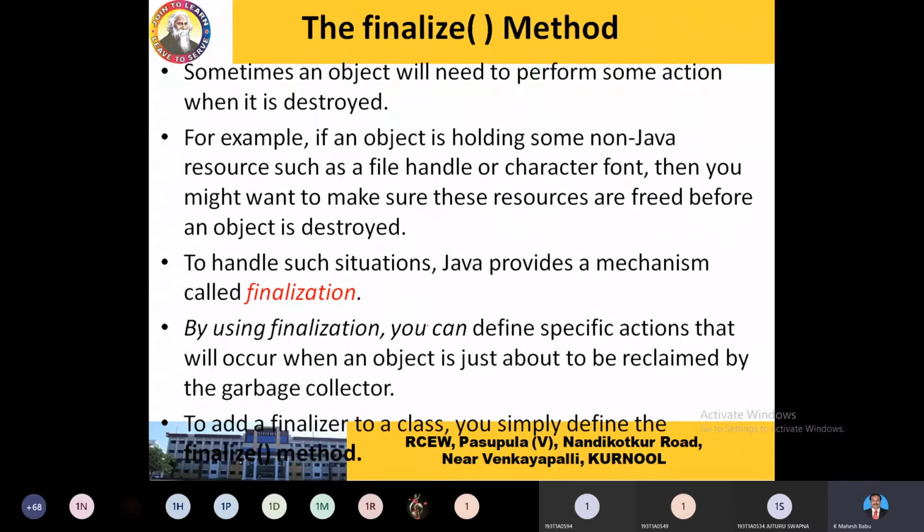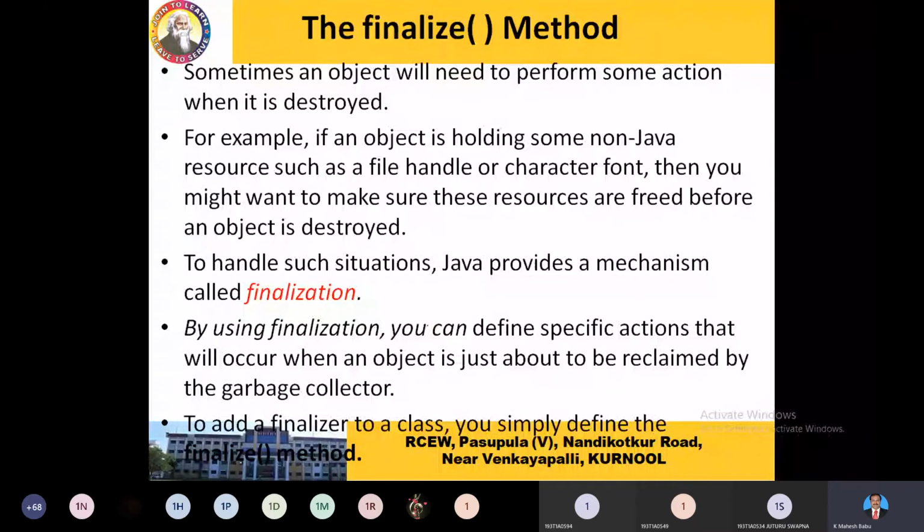And there we have one method, that is the finalize method. Whenever you don't want an object which has worked for a certain execution part in our program, that object has certain things which are needed for us.